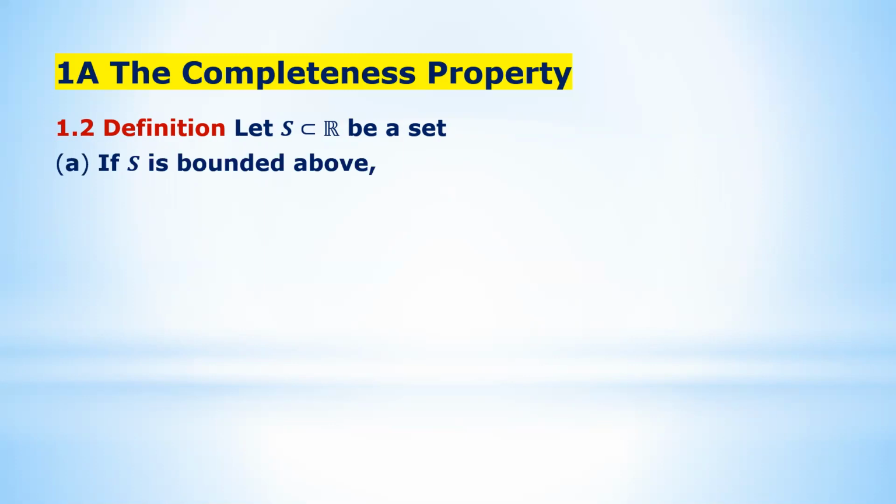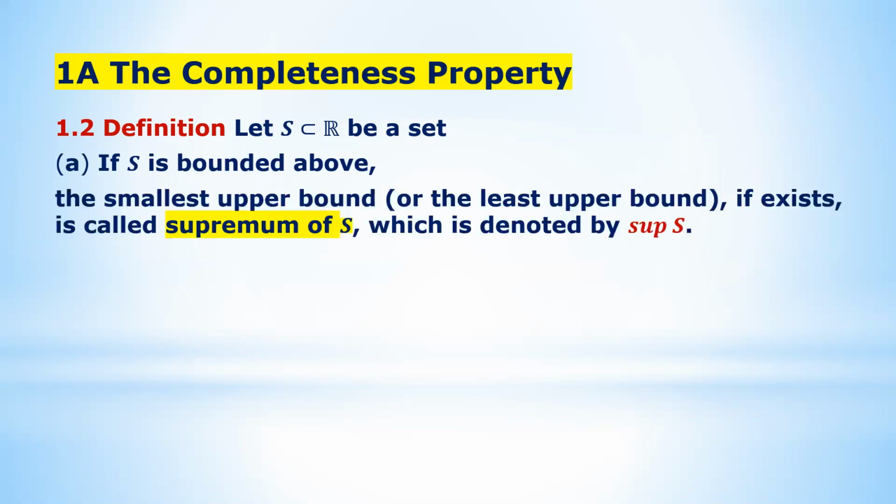Suppose this set is bounded above, then now we talk about the smallest. Be very careful here, look at the sentence: the smallest upper bound, or another name, the least upper bound. The smallest upper bound and the least upper bound are the same thing. The keyword here is "if exists."